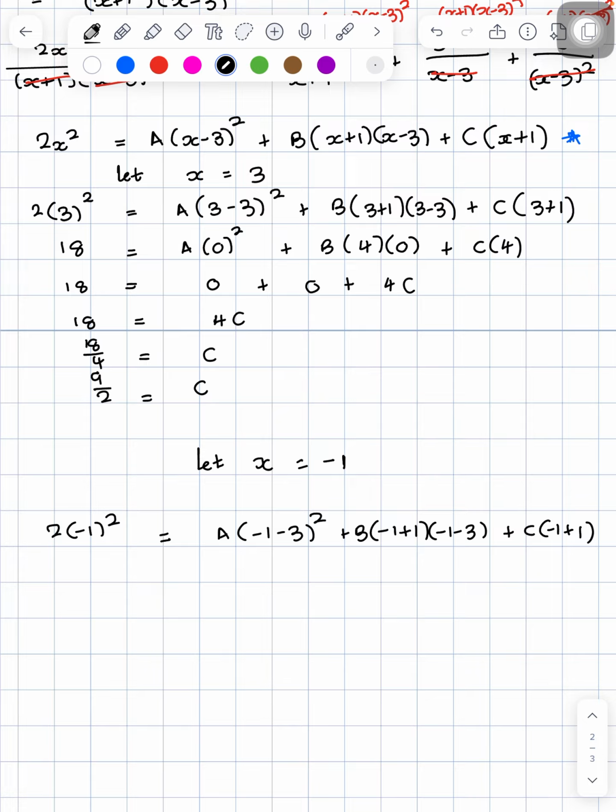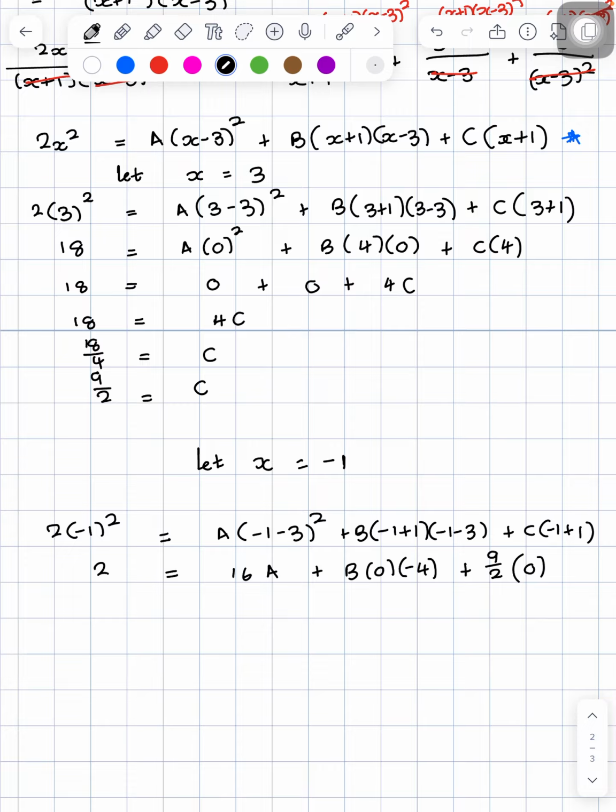Right, we know that minus 1 squared is positive 1 times 2, which is 2, equal minus 1 minus 3 is negative 4. Negative 4 squared gives us positive 16. So 16a plus b(minus 1 plus 1) is 0. Minus 1 minus 3 is minus 4. Then plus c. Our c in this case is what? 9 over 2. Minus 1 plus 1 is 0.